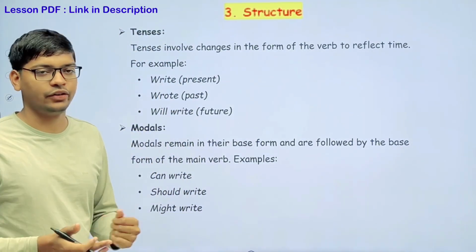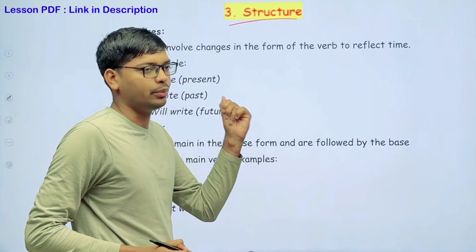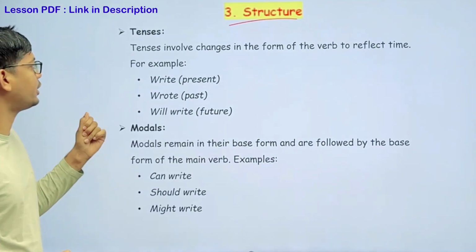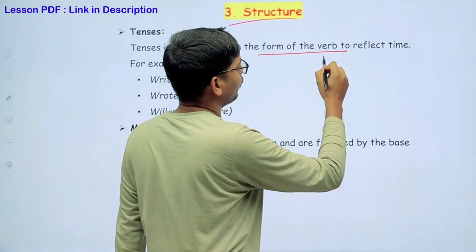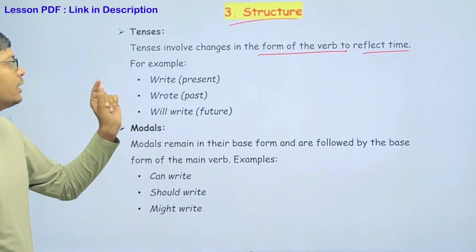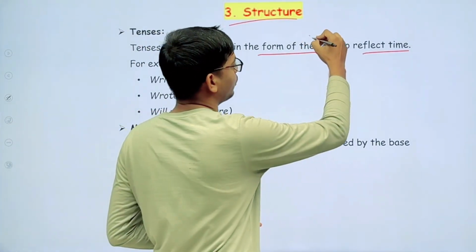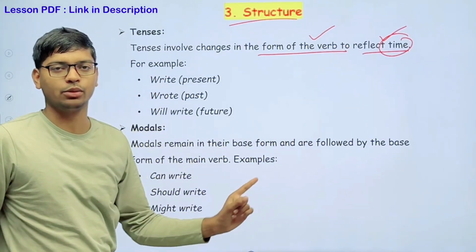The next difference is related to structure: the structure of tenses and modal verbs. Tenses involve changes in the form of the verb to reflect time. Here also time is important.